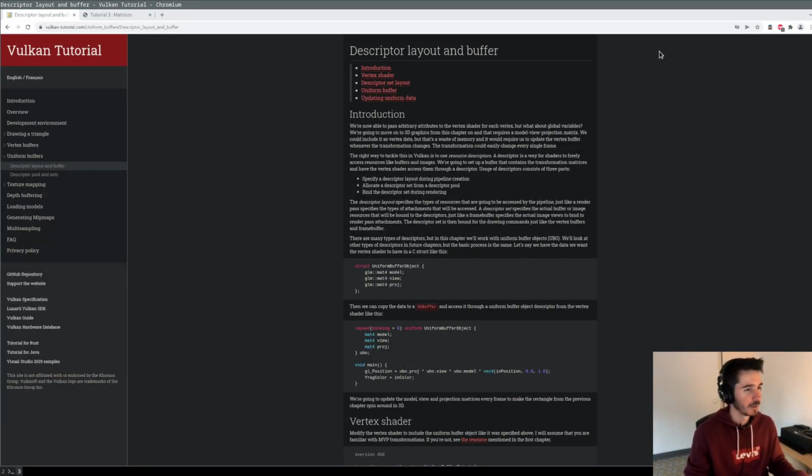I'm Alex, and today we're gonna continue following the Vulkan tutorial in Rust. Last time we implemented descriptor layouts and buffers and descriptor pools and sets. We managed to create a uniform buffer in our Rust program, so we can transfer some data from the CPU to the GPU.